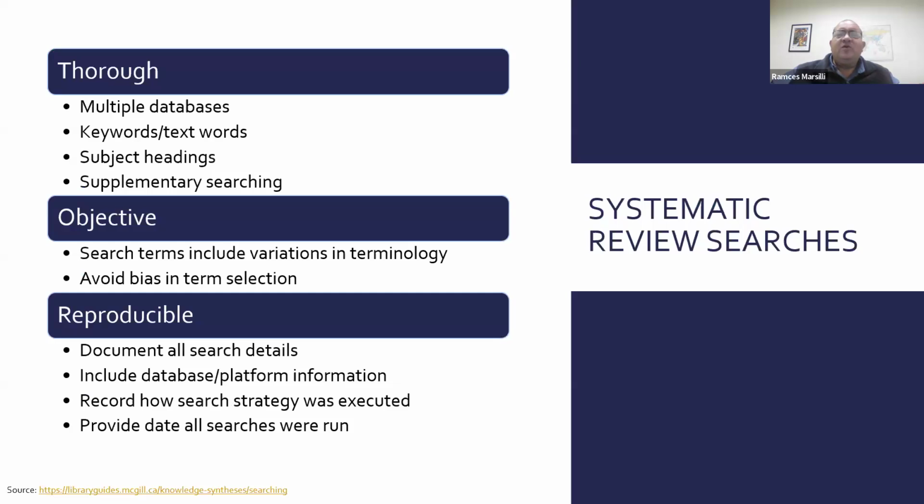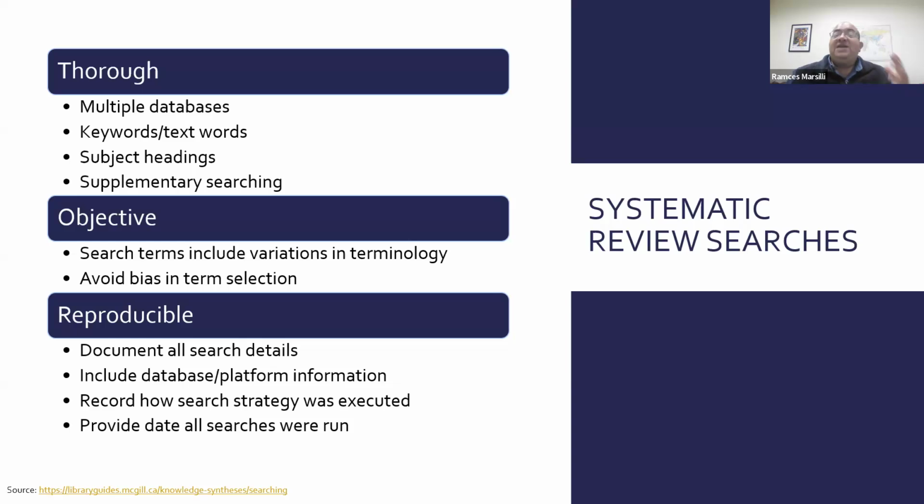So, what do we mean when we talk about some of these terms? Thorough, by that we mean we're going to search in multiple databases. We're going to use a combination of keywords and text words. We're also going to search through the subject headings. There is going to be some supplementary searching.